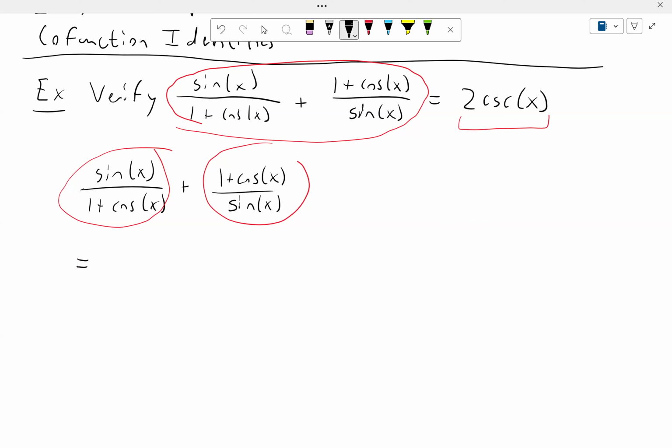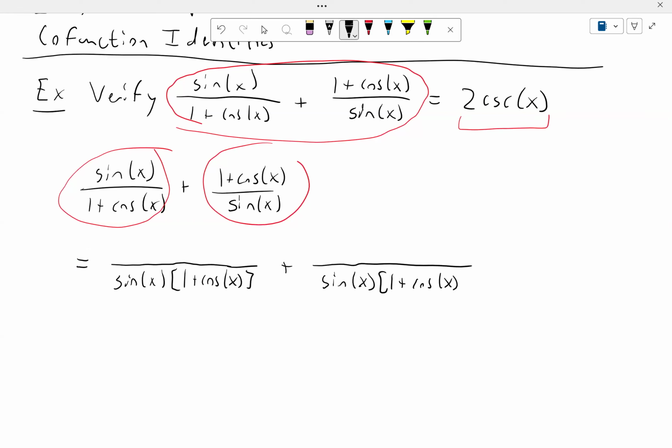So getting a common denominator means that my denominator should be sine of x times 1 plus cosine of x, for both of my fractions here. Okay, so that would be our common denominator for both fractions.